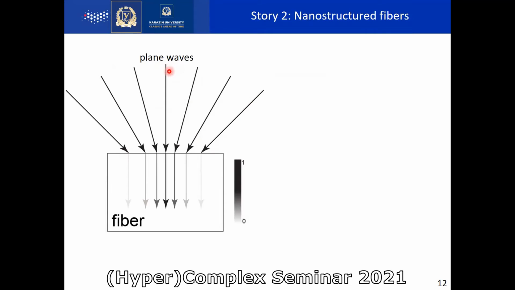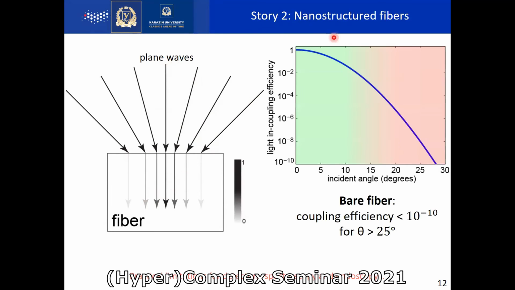It is the efficiency of the transformation from plane waves to the guided fiber mode. Under normal incidence, it's almost ideal, but it rapidly drops when the incidence angle increases. And for angles of 15-20 degrees it is too small to be used for practical applications.